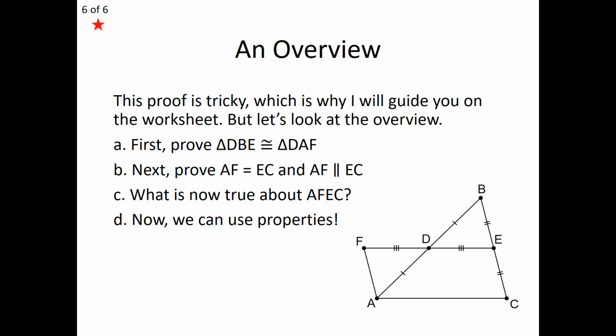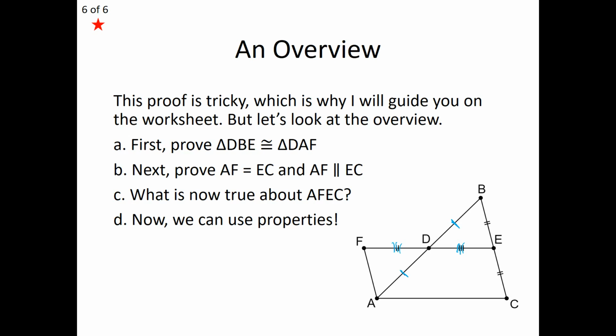So part A, in our diagram, the first thing we want to do is prove that triangles DBE and DAF are congruent to each other. You'll already notice that we have one pair of equal sides that was given, and we have these two sides, DE and DF, which by our construction are equal.